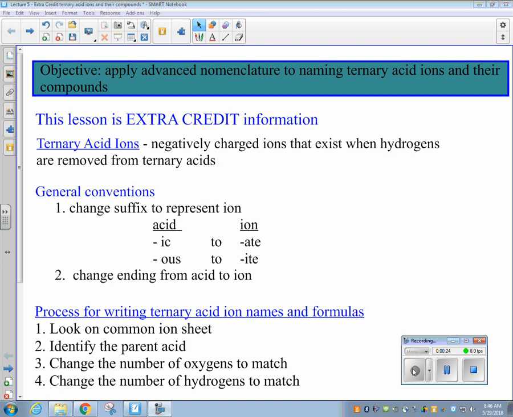A ternary acid ion is the species we form when we dissociate a ternary acid as it dissolves into aqueous solution. For example, you might look at an acid like HClO3. HClO3 is a ternary acid according to the naming conventions we've dealt with so far, in that it has hydrogen, a nonmetal, and oxygen bonded together.